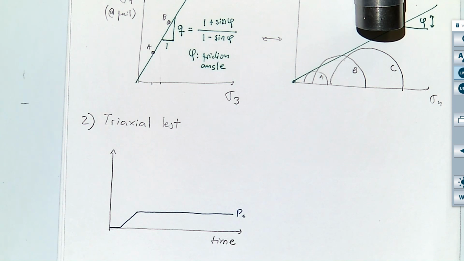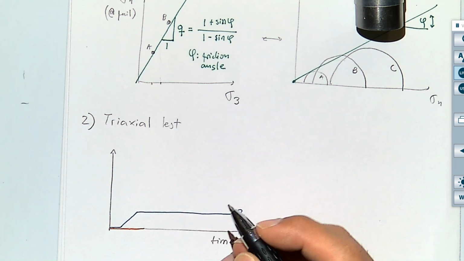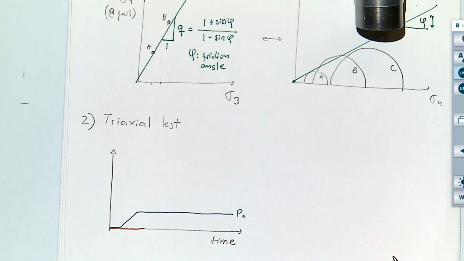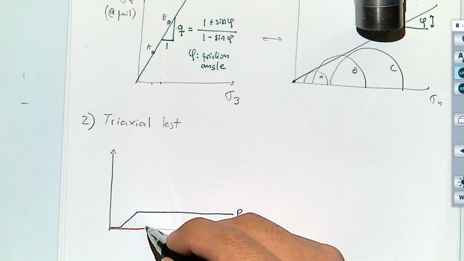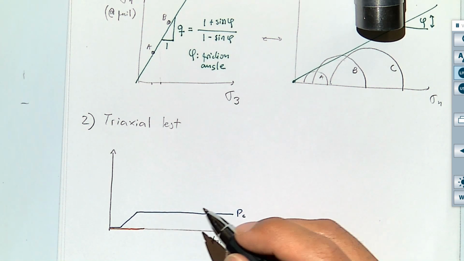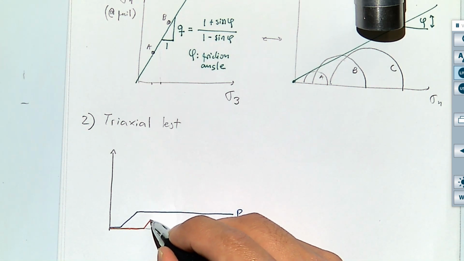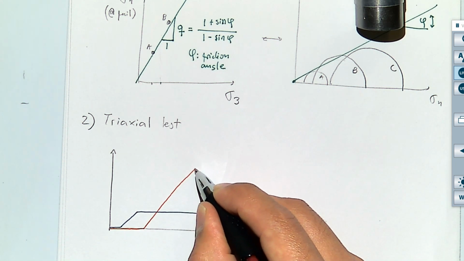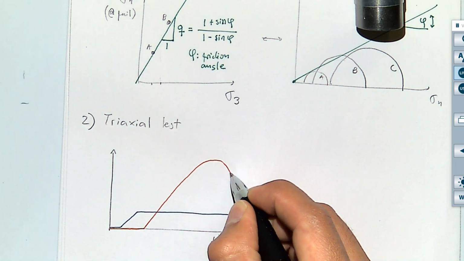After you increase your confining pressure, then you increase your deviatoric stress. So this one is going to be 0. Only after you increase the confining pressure, you start increasing your deviatoric stress until this one reaches a maximum and fails.